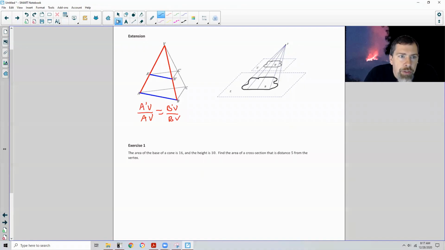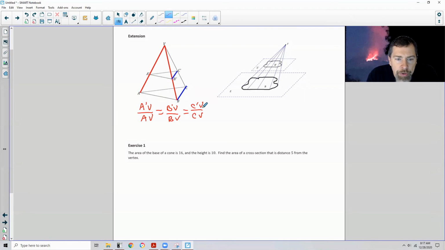Okay, so now let me just move these. We'll move this over to here. And we'll move this over to here. So now we're focusing on BC is to B prime, C prime. So now I can say B prime V, which is this, is to BV as C prime V is to CV.